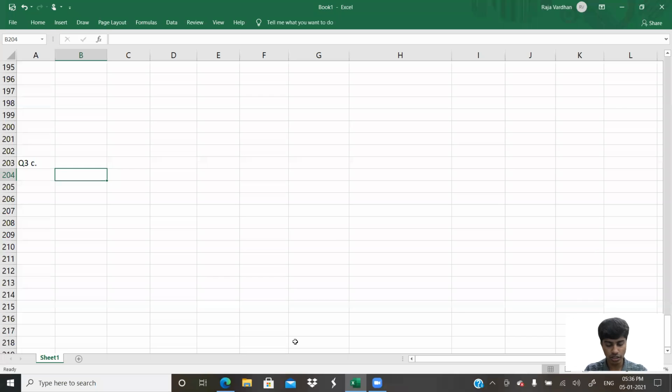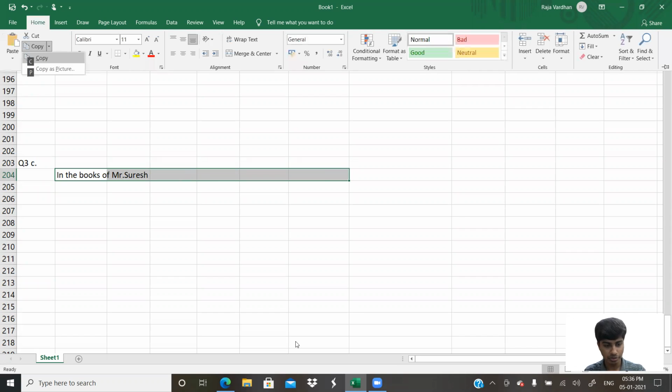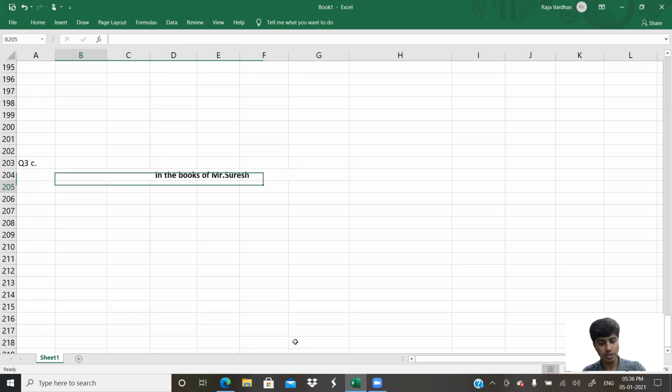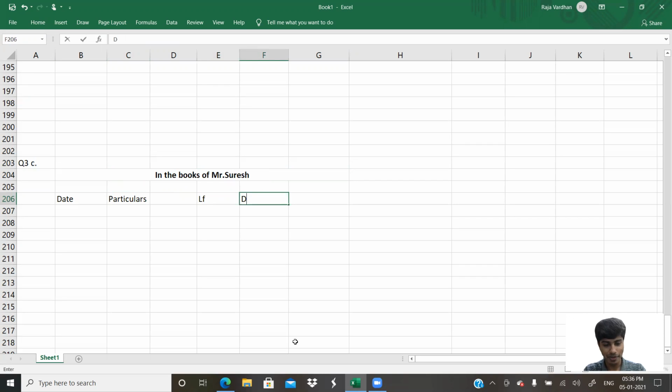Okay, let's get started. So the solution starts as in the books of Mr. Suresh. Suresh is a very famous personality. It shouldn't be difficult remembering him. Perfect. In the books of Mr. Suresh. So they basically asked us to do journal entries. So I would have date column followed by particulars. Then I'll have a ledger folio column, which will have no impact at all.